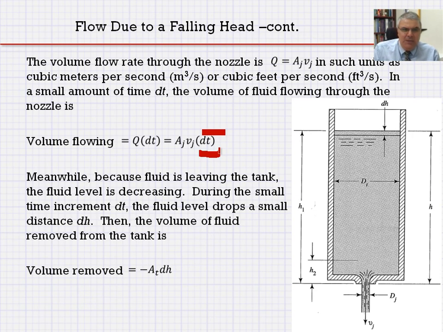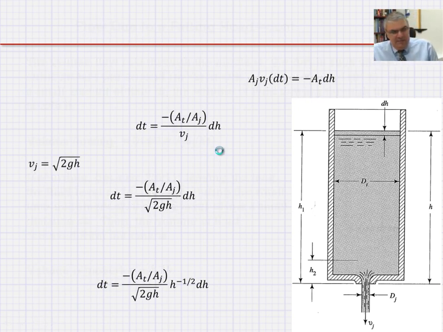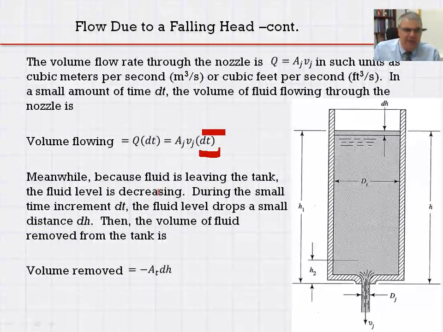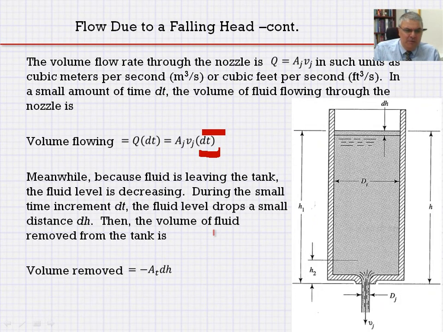And then during that dt, the volume flowing would be related to dh, because that's the amount that it drops. Of course, that would be multiplied by the area of the tank, but we make some assumptions here. Again, during this small time increment dt, the fluid level drops a small distance dh, and the volume of fluid removed from the tank would be A sub t times d sub h, right?